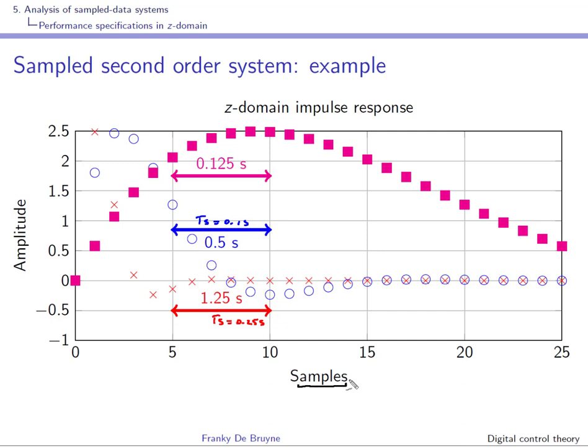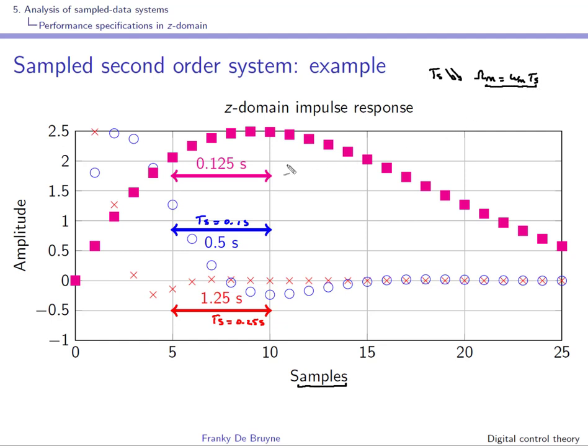So by representing everything in terms of samples, it appears, for instance, that when Ts becomes small, the associated discrete time natural frequency decreases as well. This discrete time natural frequency is the actual natural frequency of the system times Ts.